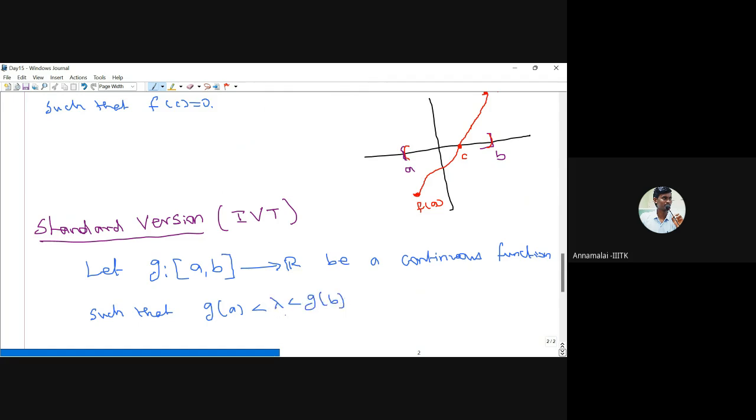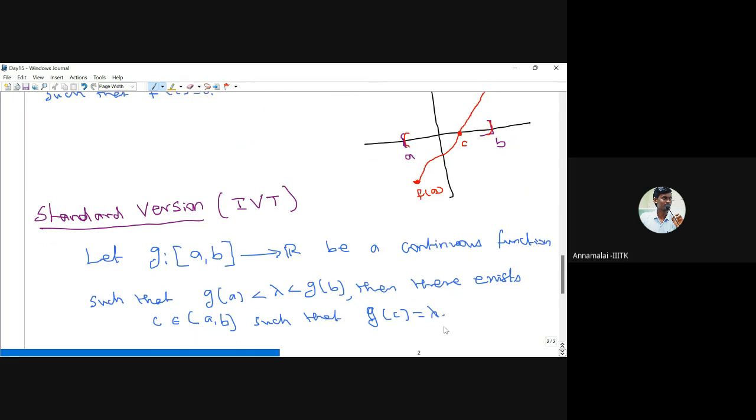That is, lambda is strictly between g(a) and g(b). Then the theorem says there exists some c in the open interval (a, b) such that g(c) = lambda.